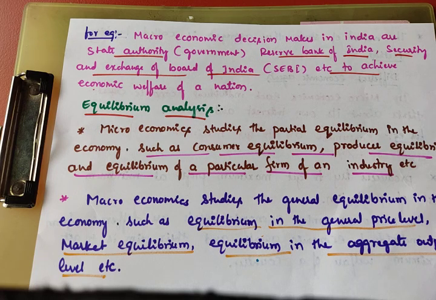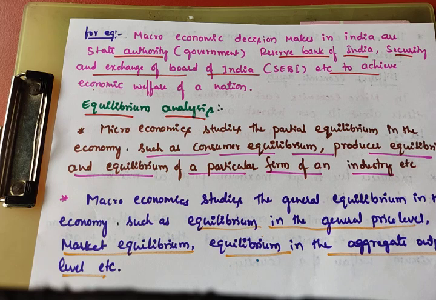Next, equilibrium analysis. Microeconomics studies the partial equilibrium in the economy, such as consumer equilibrium, which means how a consumer gets satisfaction at a lesser cost, and producer equilibrium, and equilibrium of a particular firm and an industry.